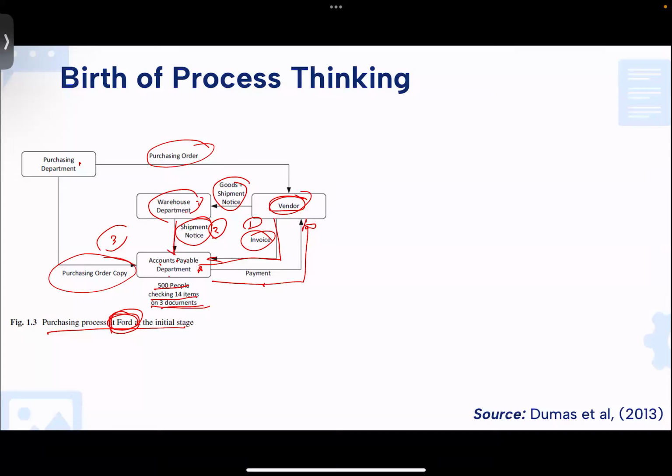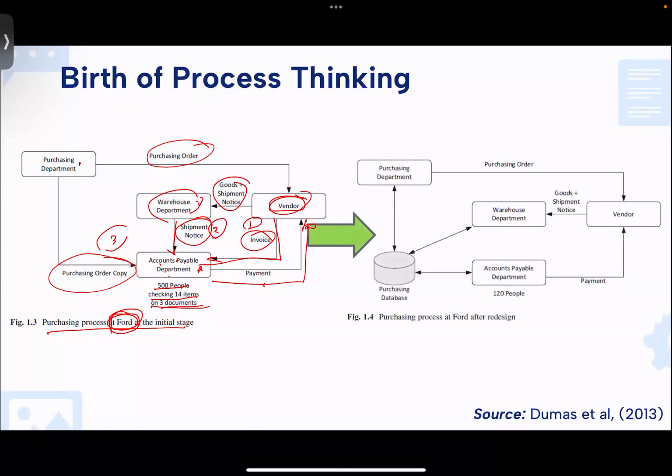So after some time, after benchmarking other processes and learning from others, they developed the process and simplified it through process thinking. They considered this process as a whole and developed the simplified version. So in the same example, if you need to purchase an item from a vendor, through a purchasing database, you have to update the purchasing database as well. So you will be sending a purchase order to the vendor.